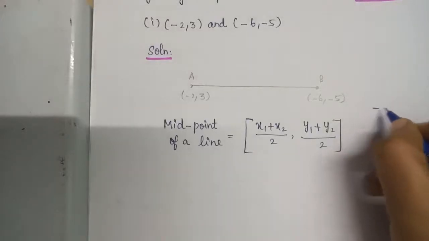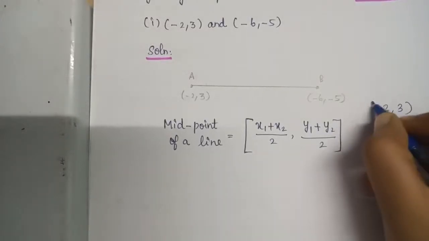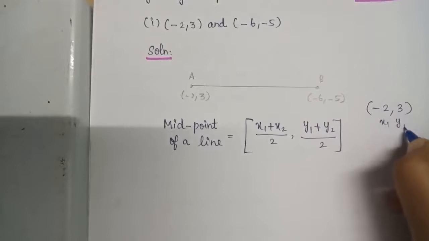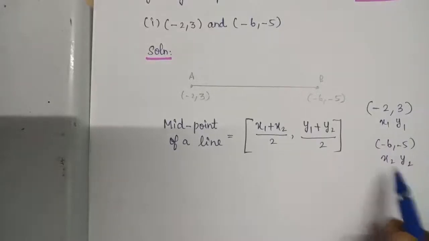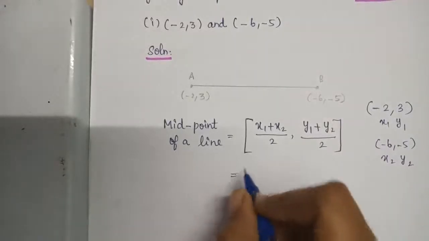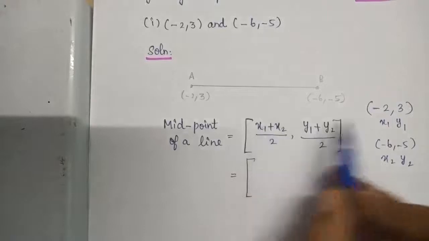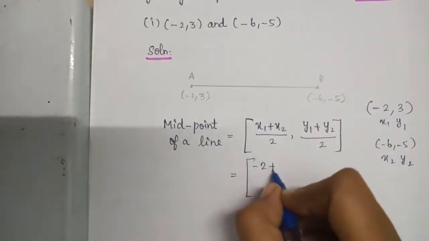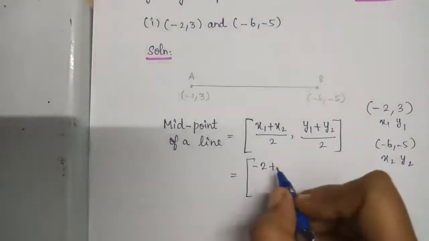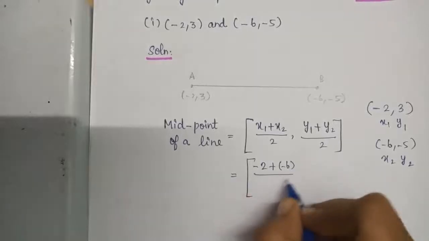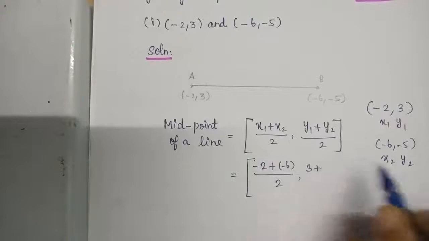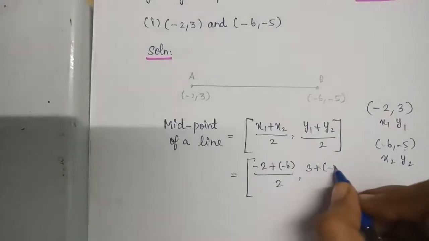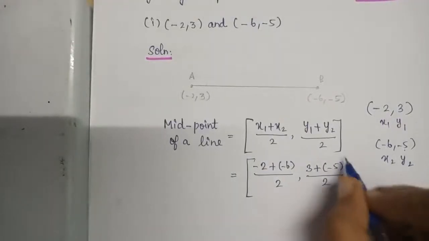Here the 2 points given are minus 2 comma 3, which is your x1 y1, and minus 6 comma minus 5, which is your x2 y2. So substitute the points in the given formula. You get x1 value minus 2 plus x2 value minus 6, divided by 2, comma y1 is 3 plus y2 is minus 5, divided by 2.